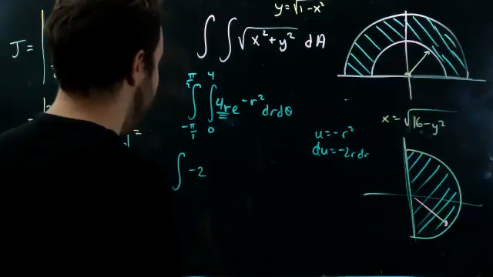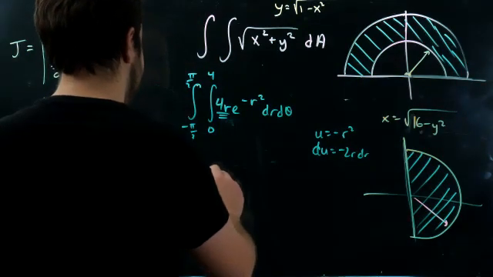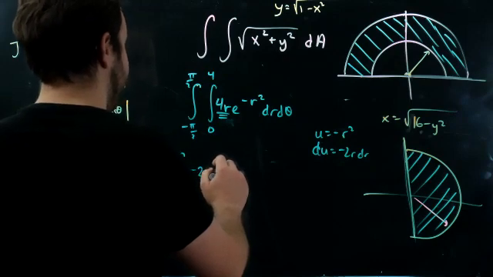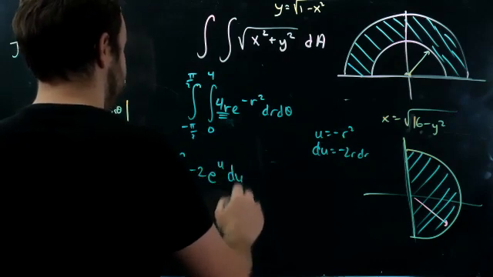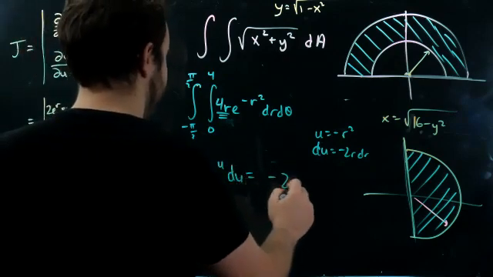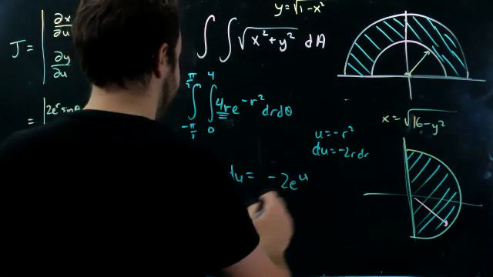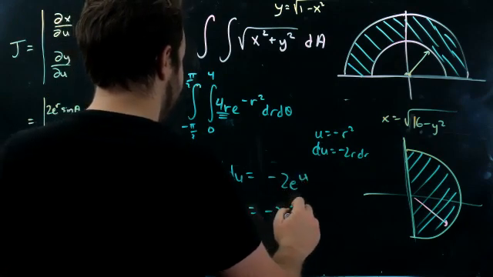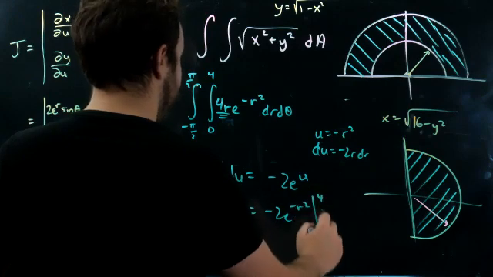Negative 2 times e to the u, du. The integral of which is negative 2 e to the u, which when I back substitute gives me negative 2 e to the negative r squared. Plug in 4, plug in 0, find the difference.